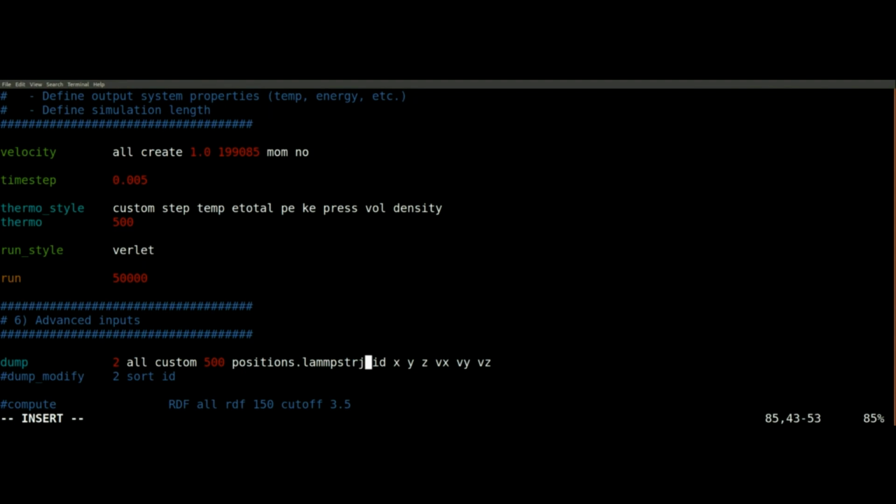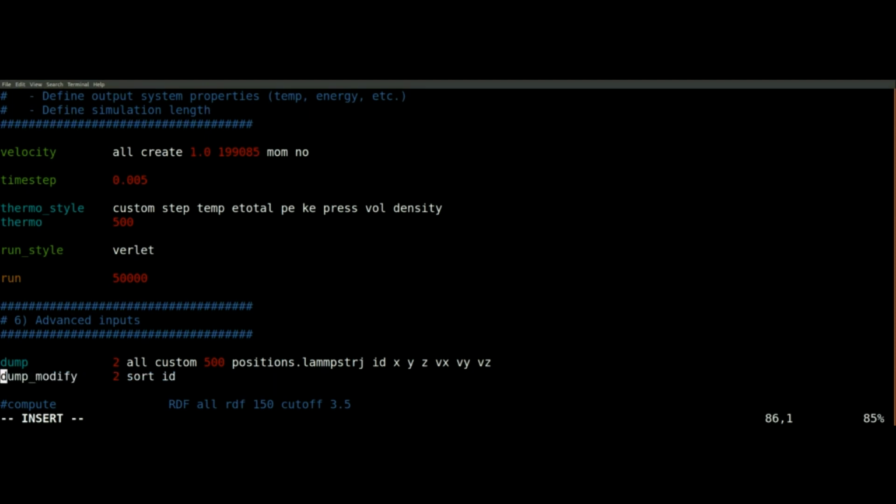And I would like you to, for every particle, every 500 time steps, output the particle ID, i.e., is it particle number 1 in the system, or is it particle number 1,000, or anything in between? The x position of that particle, the y position of that particle, the z position of that particle, as well as their x, y, and z velocities.